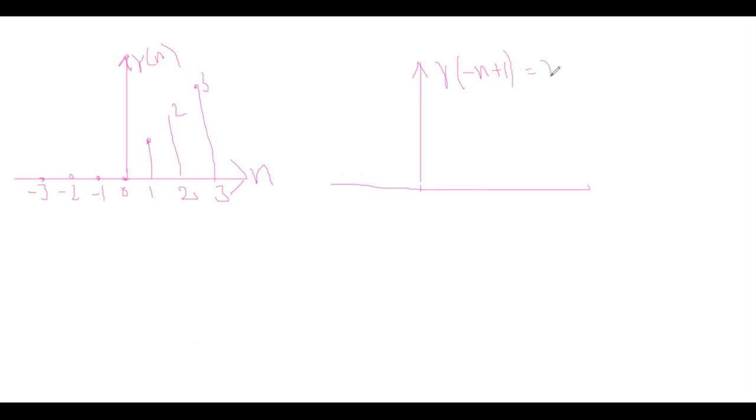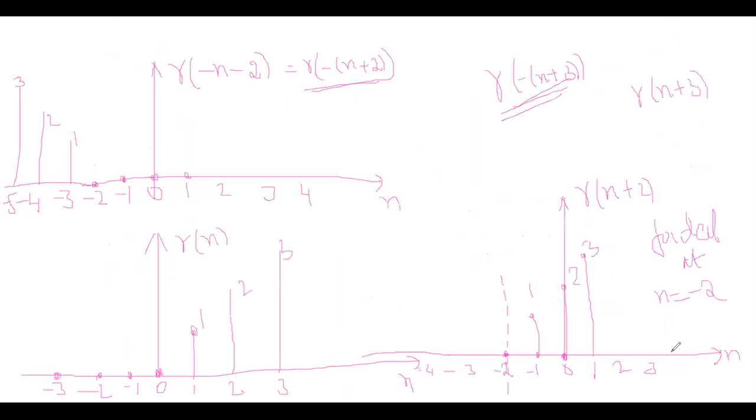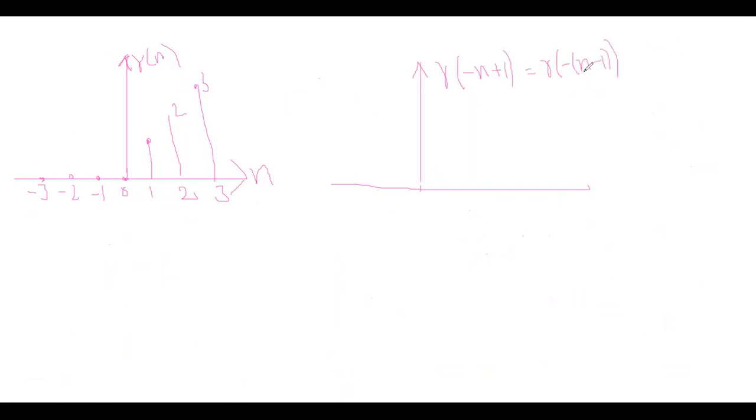This becomes of r of minus, you can take n minus 1. Previously you can see r of minus of n plus 1 we got. Now it becomes r of minus of n minus 1.